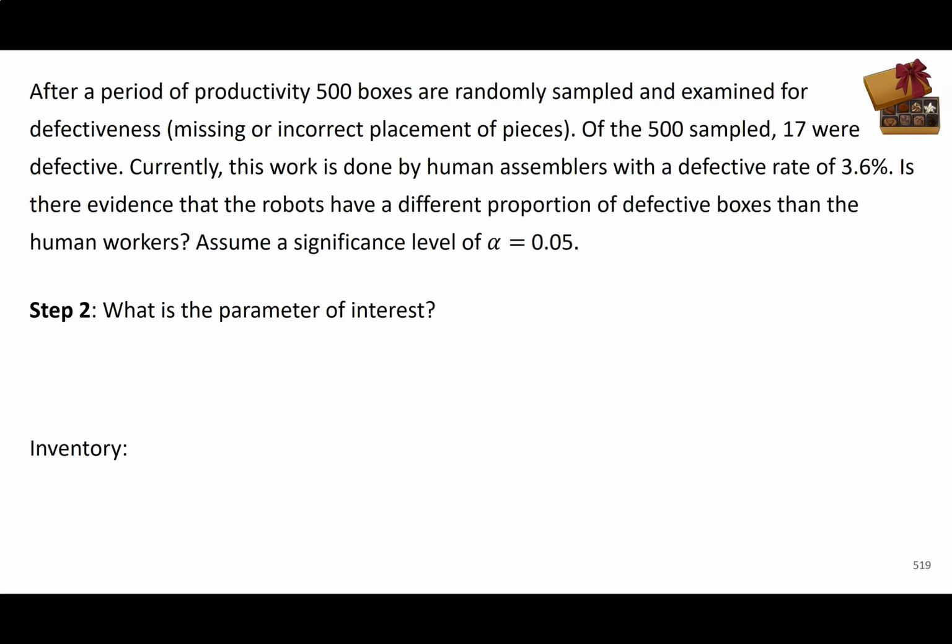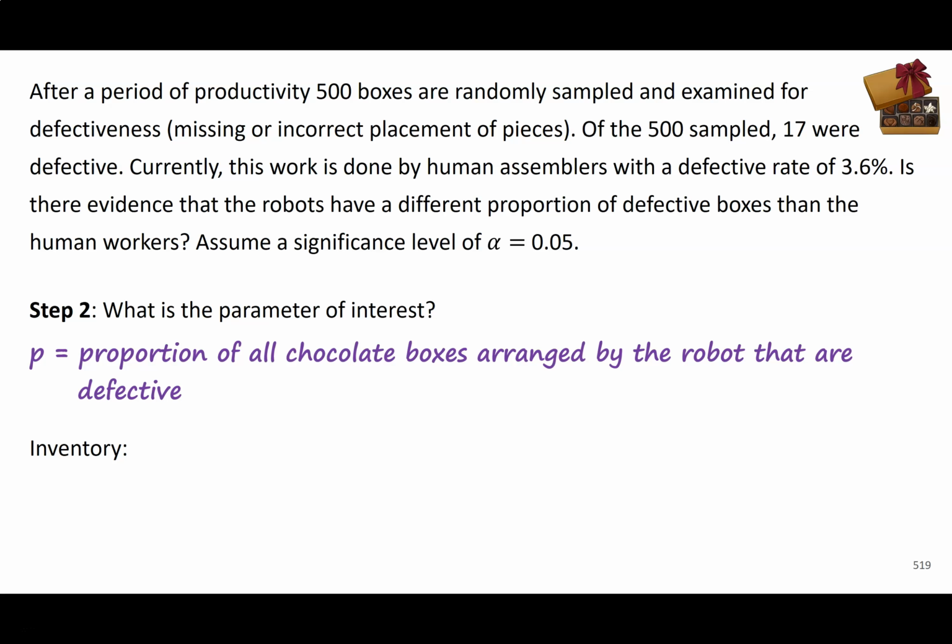So here, my parameter of interest hasn't changed. It hasn't changed since we were looking at the confidence interval. So it's still that proportion of all the boxes made by this robot or assembled by this robot that are defective. And the notation is still going to be p. So inventory, it's going to be much the same. So I have 17 defective ones.